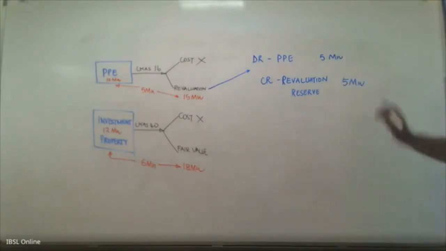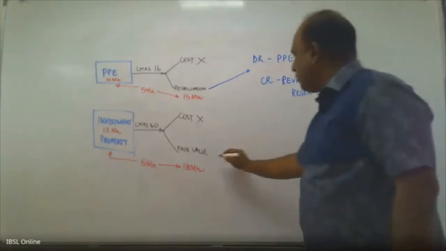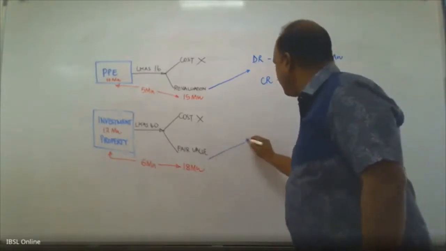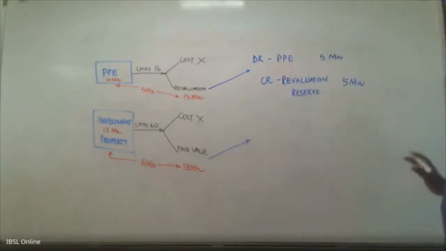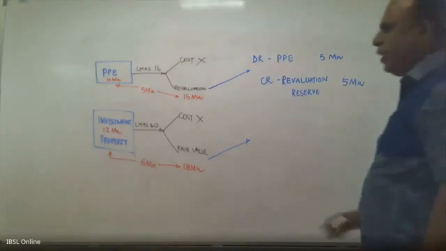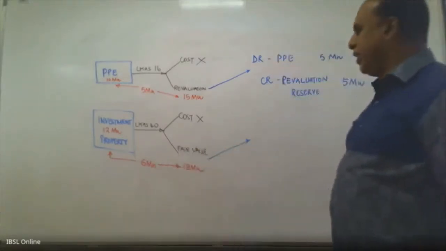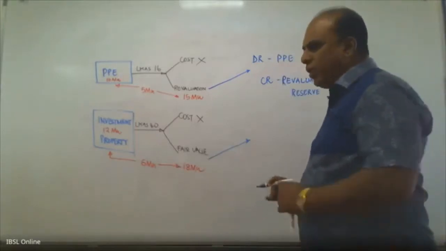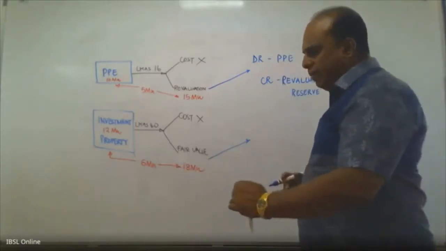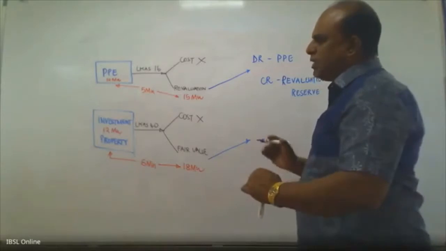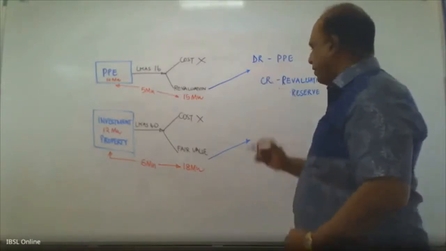Okay, that is PPE. Now, what is going to happen here? Somewhat similar, no difference. Now here the value of the property has gone up by 6 million. So here also, what do I need to do? Earlier the property was 12 million, now it is 18 million. So I have to increase the property value.